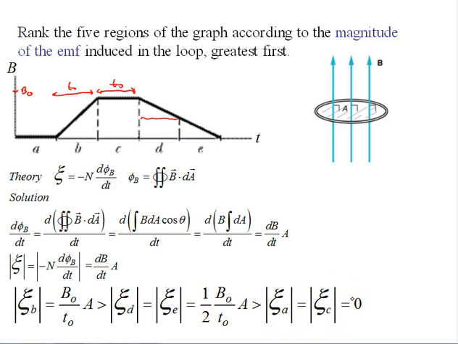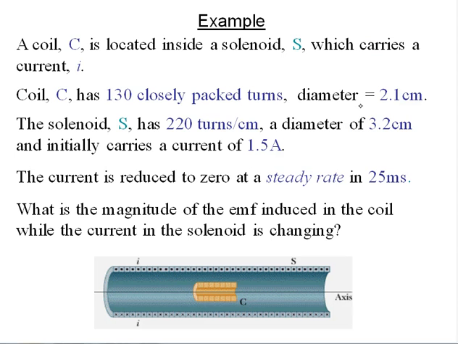So there's an example of EMF induced in the loop, how it changes during the time. It has magnitude B naught over T naught over A, then it goes back to 0, and then it decreases to half the magnitude, and we'll also show with Lenz's law it reverses direction.